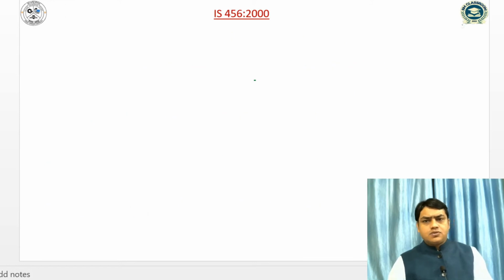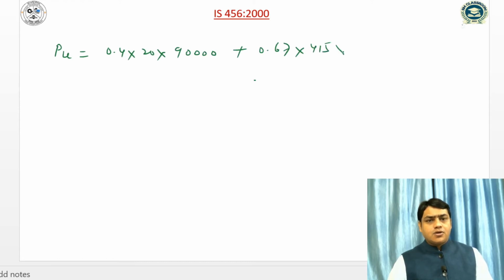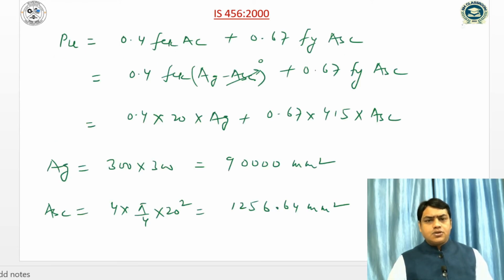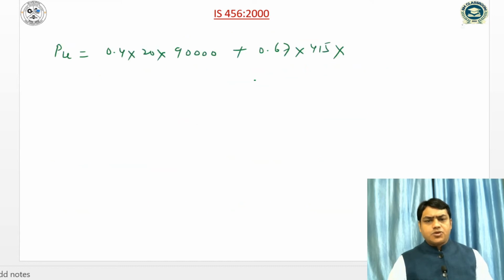Put the values of Ag and Asc. So Pu is equal to 0.4 into 20 into Ag plus 0.67 into 415 into Asc. The value of Asc is 1256.64.